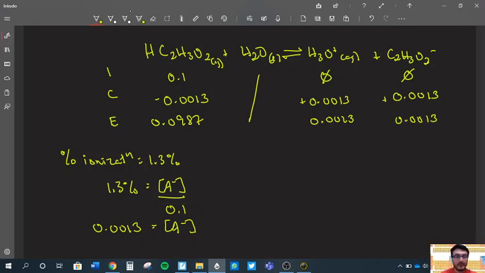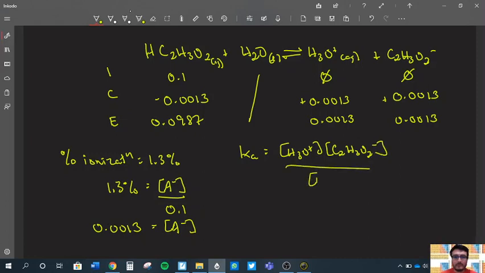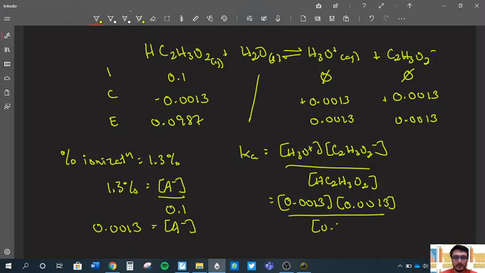Good. So Ka, our Ka expression for acetic acid. I'm just plugging things in from the ice table here. Okay.